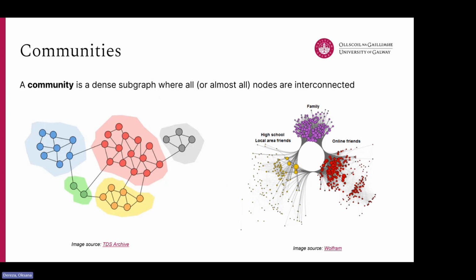Say if you want to visualize a network of your friends on social media, they will most likely cluster or organize into communities of your family, high school friends, college friends, friends you're connected with through a hobby, online friends, and some of these groups may have connections as well. Say, for example, if you went to college with the same people that you went to school with.